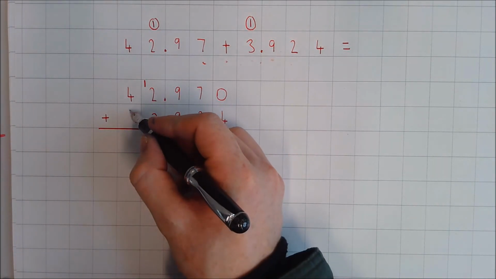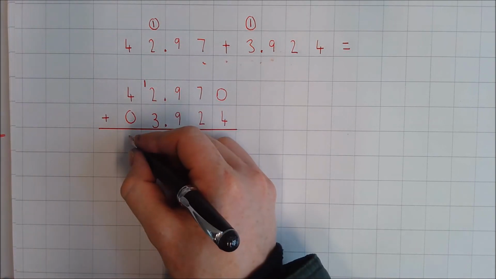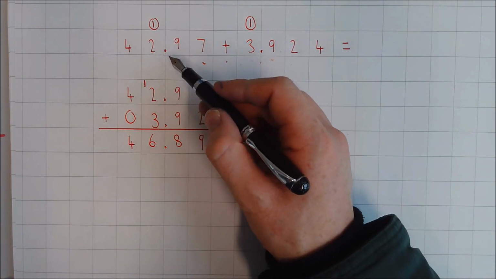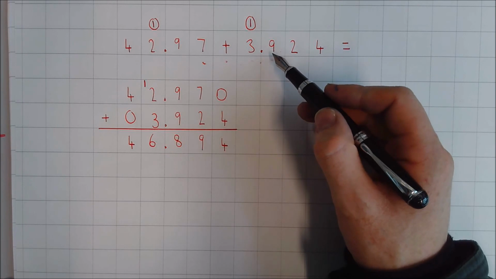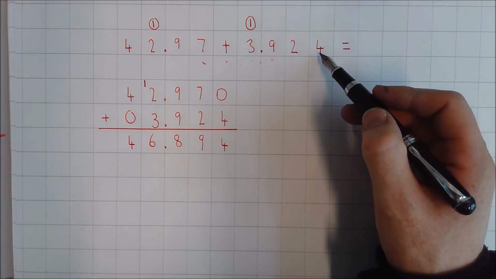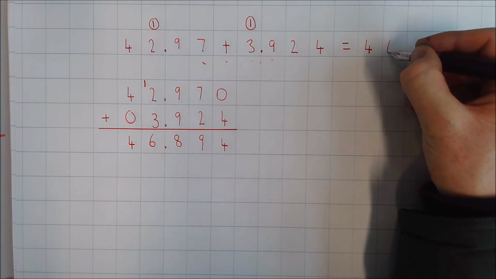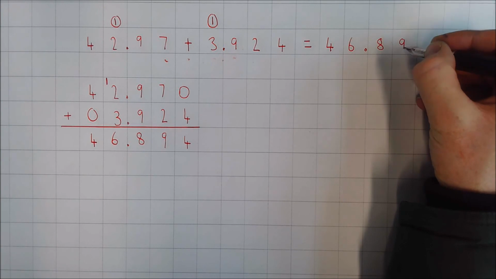And then if you wanted, you could put a placeholder here. 4 add 0 is 4. So 42.97 add 3.924 sum together to make 46.894.